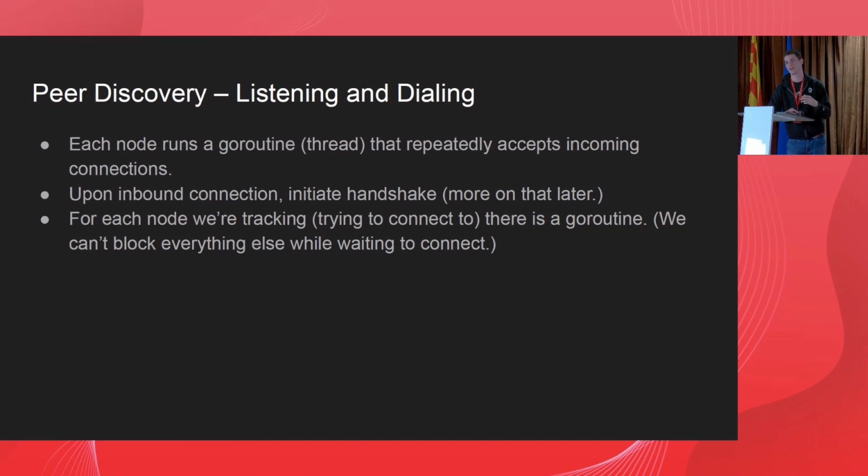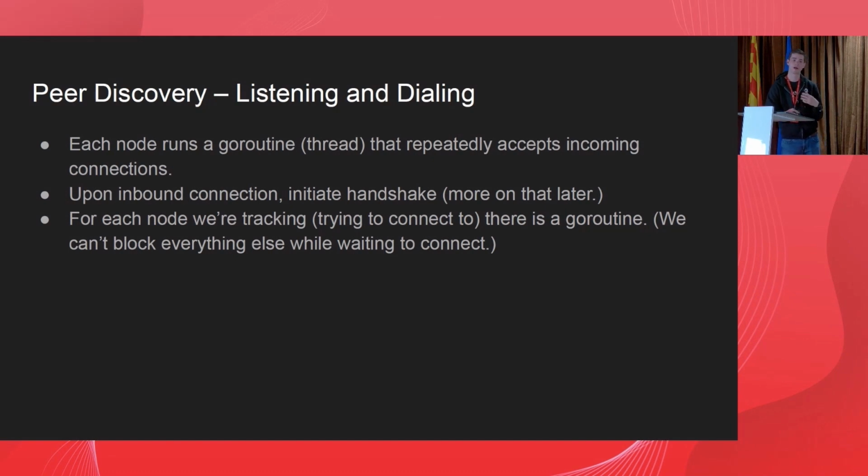Let's say you gossip to me 2 node IDs and I want to be connected to them. I'll start a goroutine that says, as long as I want to be connected to this node and I'm not, just keep dialing them. And there's a backoff, of course, so that you're not just spinning trying to dial this node.